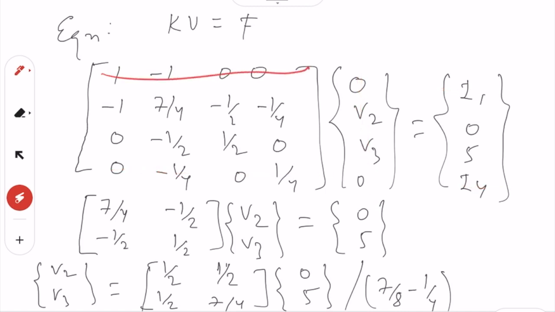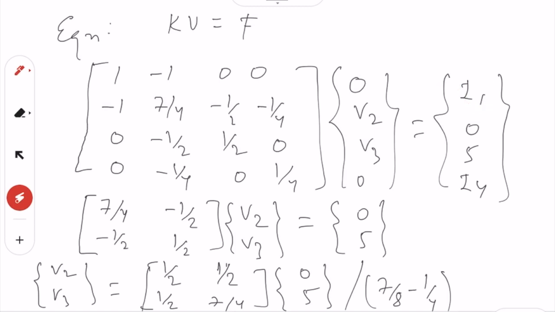So here what we see is 0 multiplies to 1, V2 multiplies minus 1, V3 multiplies to 0, 0 multiplies to 0. So only minus V2, what do we get? We get 0 times 1 minus V2 equal to I1.